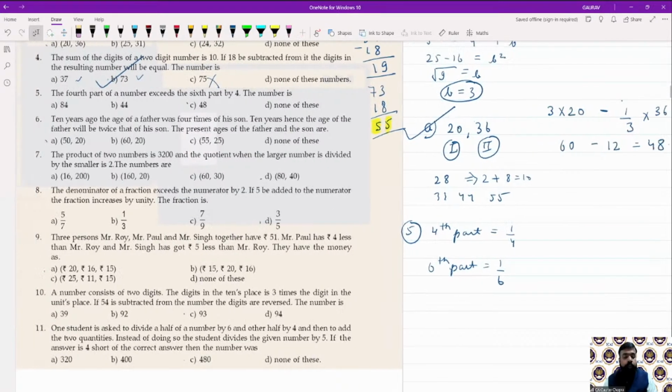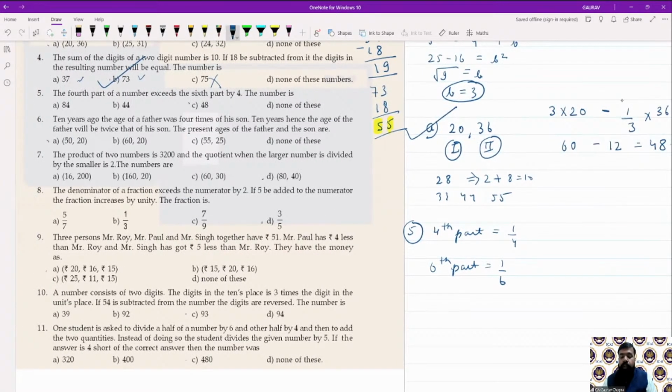So if we try option number A, 1/4 of 84 is how much? 21. And 1/6 of 84 is how much? 14. What is the difference? The difference is 7. But what we require is a difference of 4. So it is not correct.